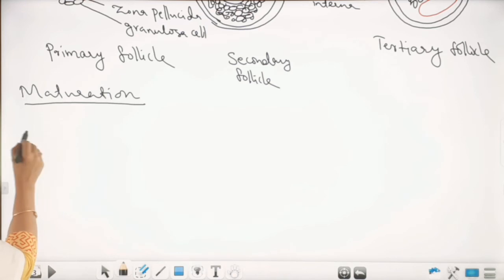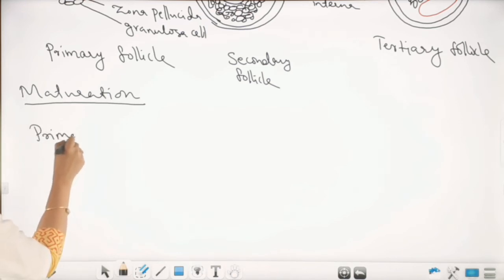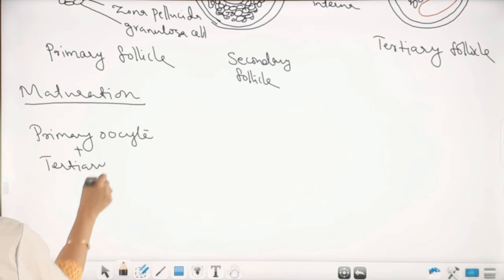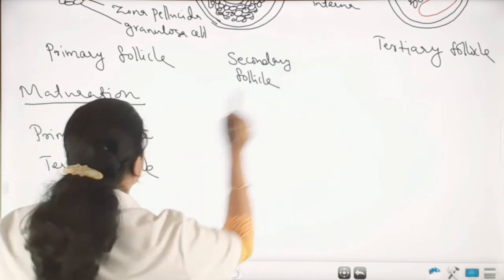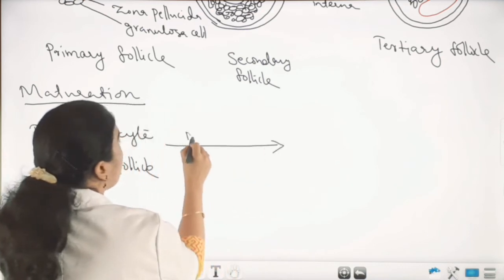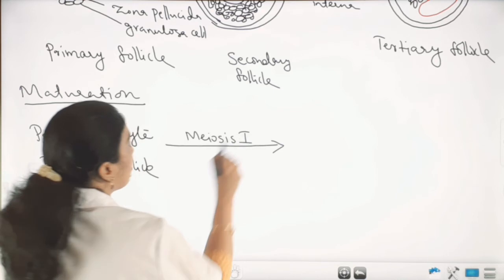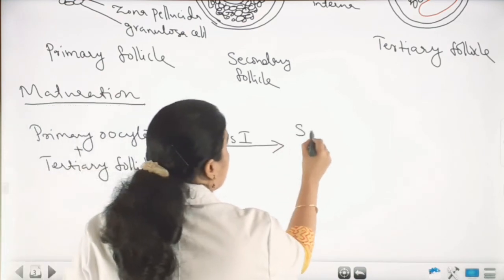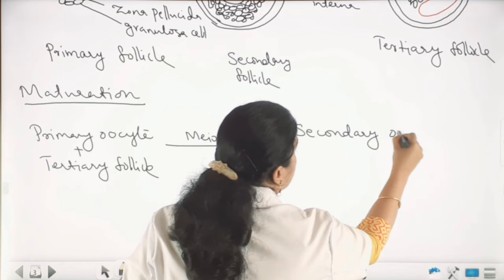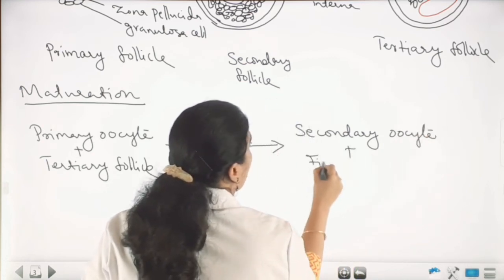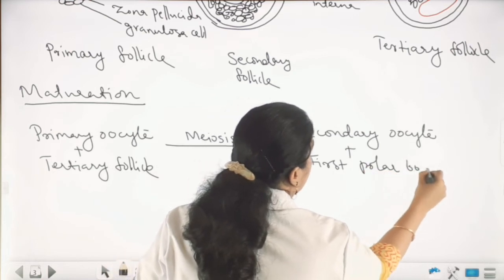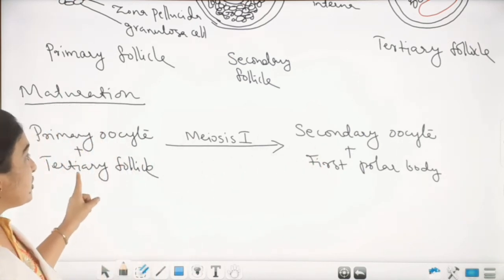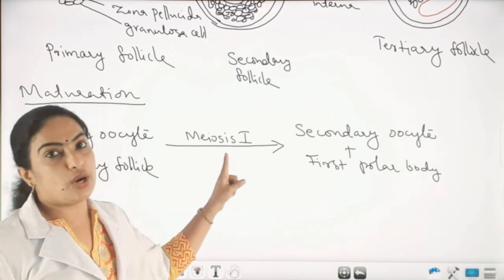Here this primary oocyte along with tertiary follicle, that structure, undergoes meiosis 1, or first meiotic division, to form secondary oocyte plus first polar body. First polar body. Okay.